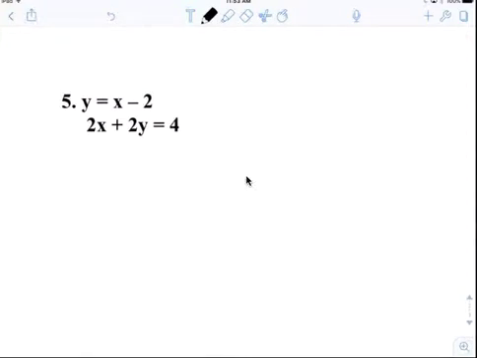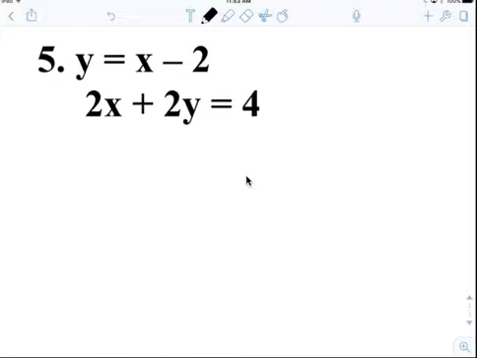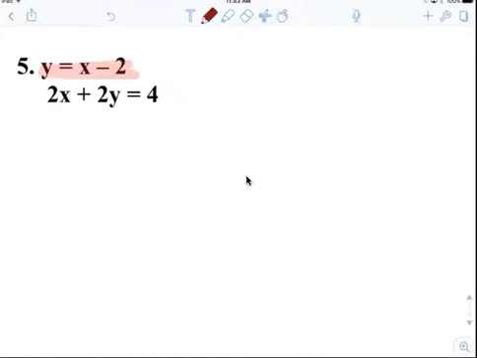Number 5, substitute again. Okay, the easier one, save the easier one here. Take that, put that aside. Right here, y equals x minus 2 on the side.